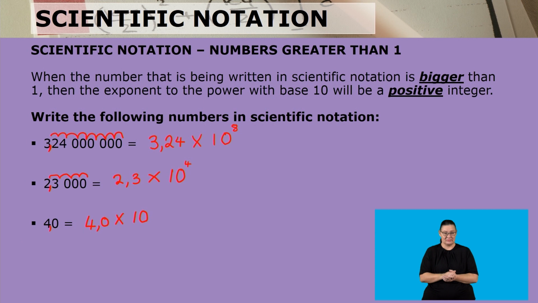Now, if that comma is right there, how many times would we multiply 10 by 4 to get to 40? So that is just going to be one place value, and that is going to be 4,0 multiplied by 10 exponent 1. Do you feel you know how to write numbers in scientific notation?